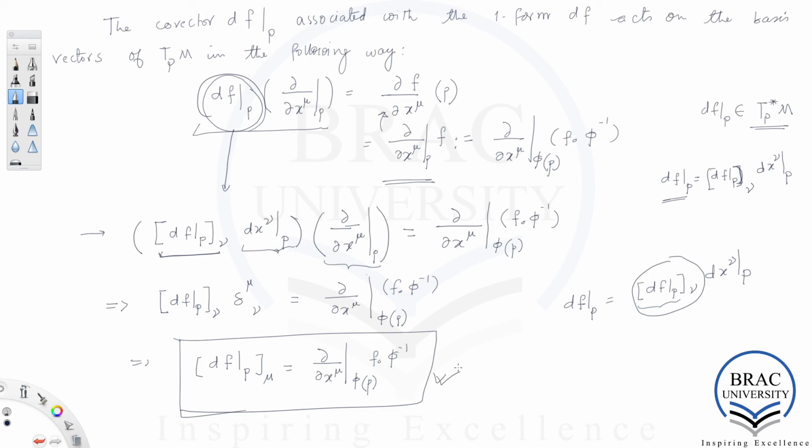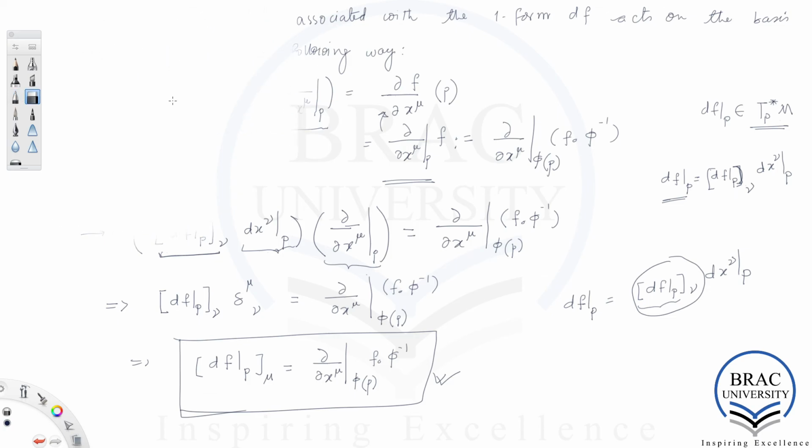Okay. Now let me ask the following question. How do the covector basis elements dx mu at p and covector components transform?